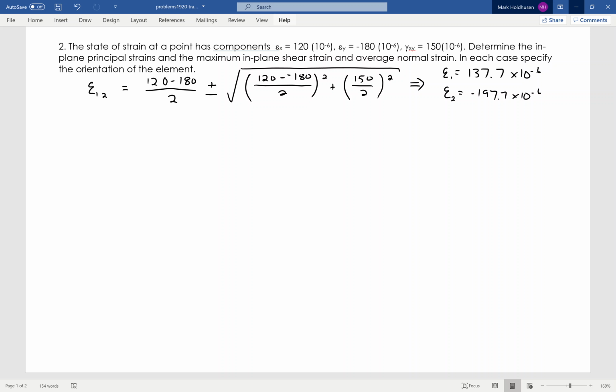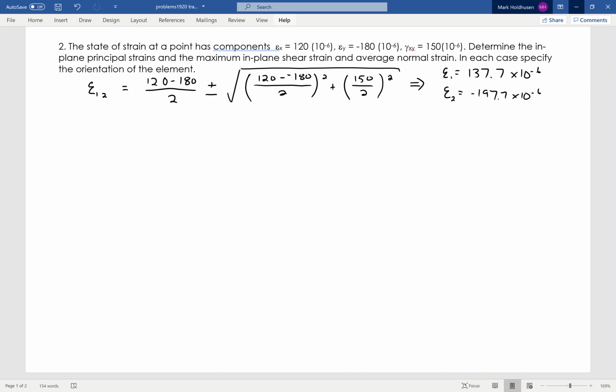So just because I have an X and a Y axis doesn't mean that's where the maximums are occurring. Similarly, my minimum is not negative 180, it's negative 197.7 times 10 to the minus 6. So again, just because I find what's going on in the X and Y axis does not mean that's where the actual maximum is occurring. I need to figure out what orientation that occurs in.